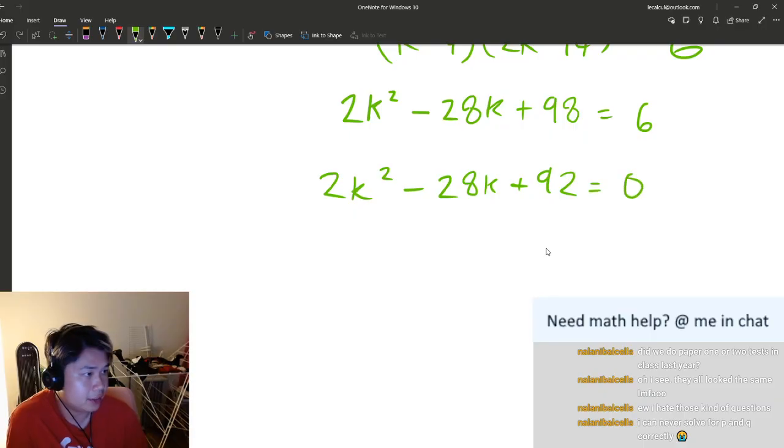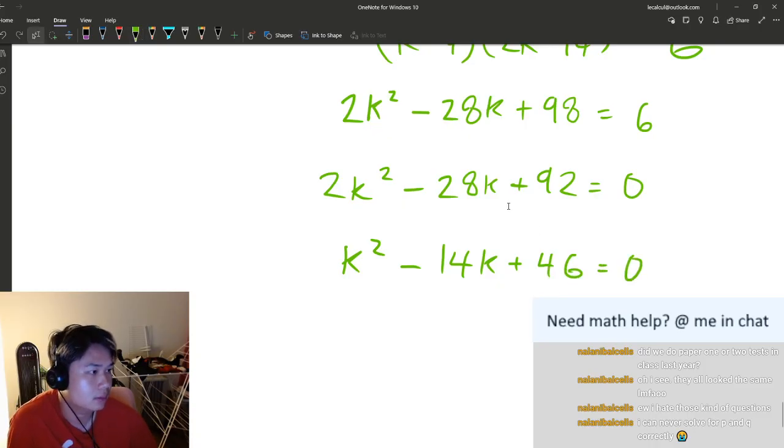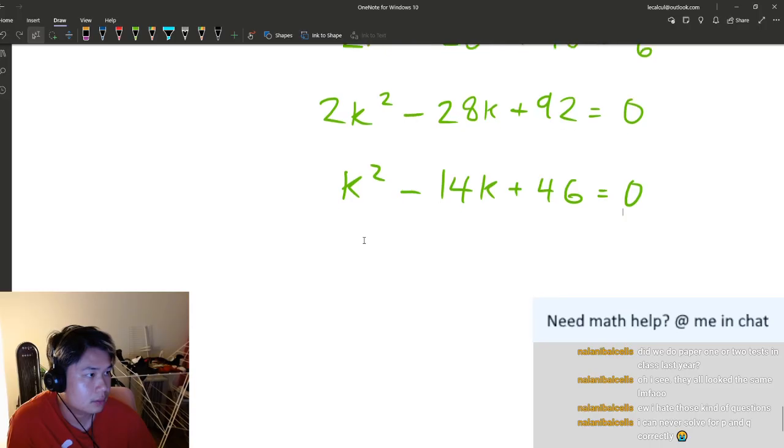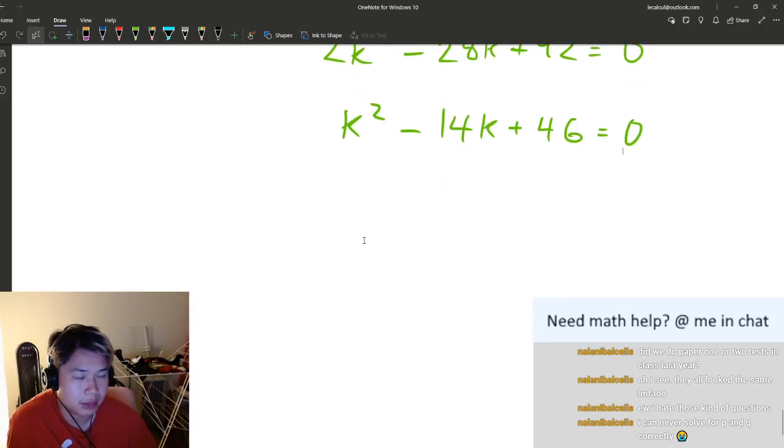And before we factor, we can divide everything by 2 because we have a bunch of even coefficients. So what is this, 46? Okay, and then probably factor this.